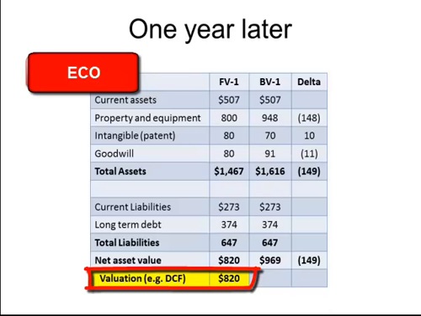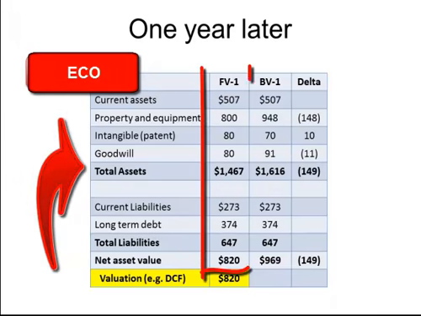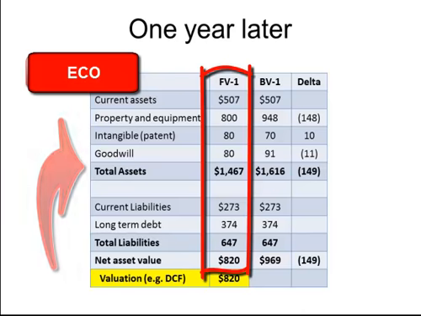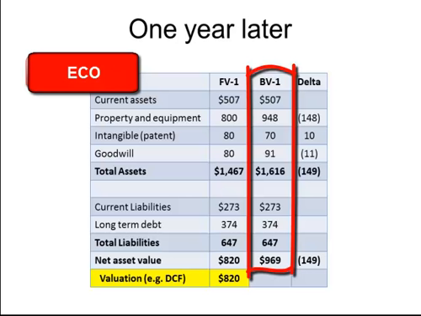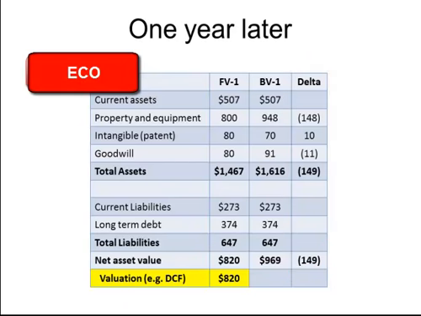In the same way we had to allocate the purchase price upon acquisition, we would use a similar methodology to allocate this value across all the assets and liabilities of ECO, which has been done for us in the first column. The second column picks up the total book value of our net assets. The delta indicates which assets have appreciated in value and which have declined relative to book value.